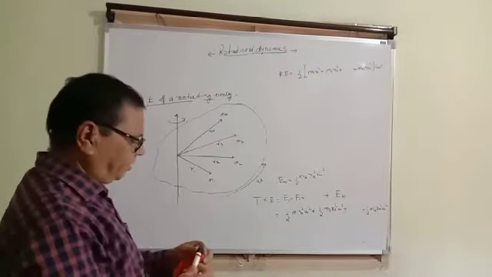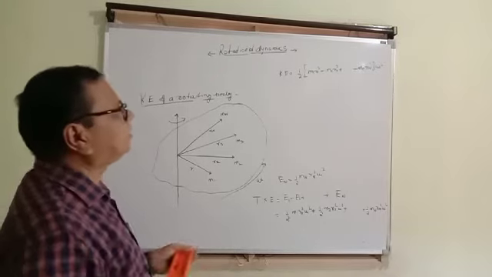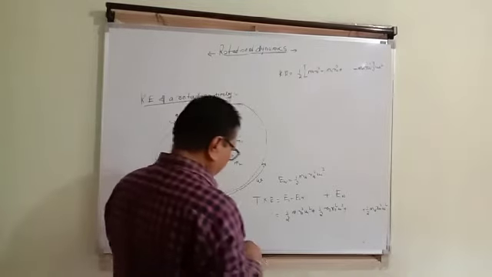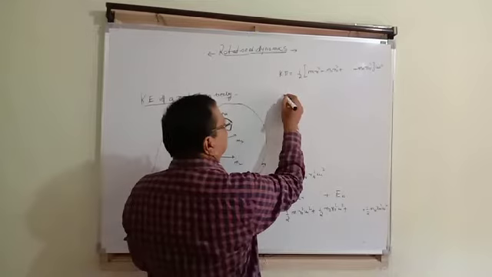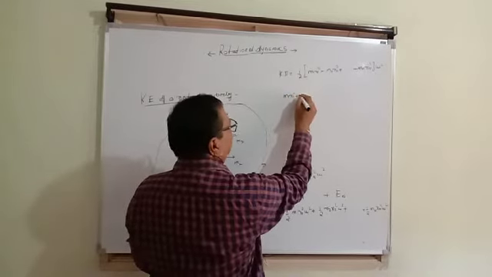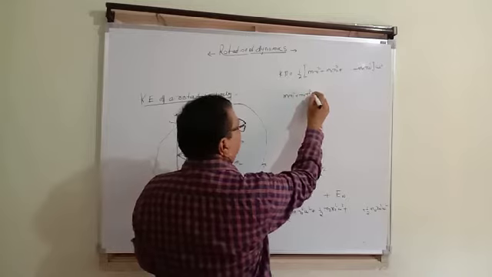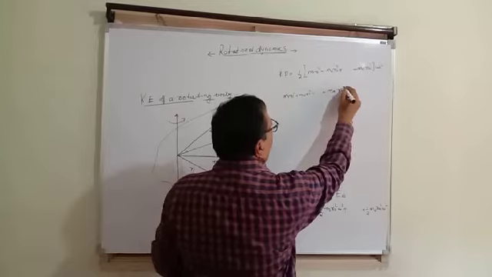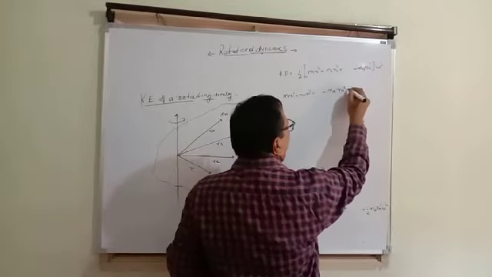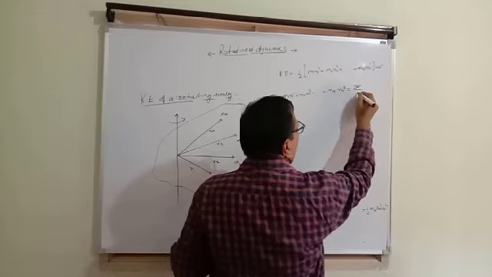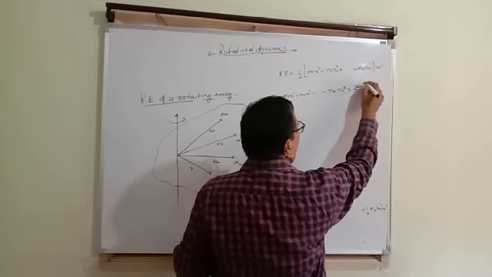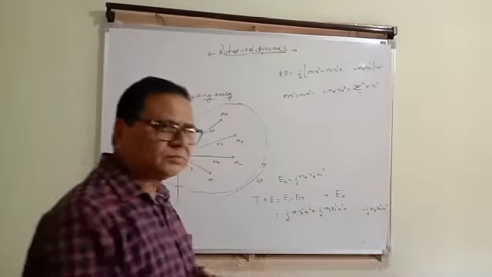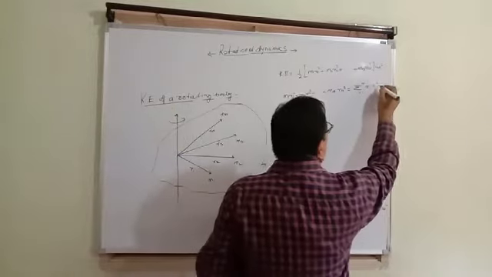The quantity in the bracket can be expressed in the form of summation: m1 r1 square plus m2 r2 square plus and so on, plus mn rn square, equal to summation i runs from 1 to n of mi ri square, which we say is I.